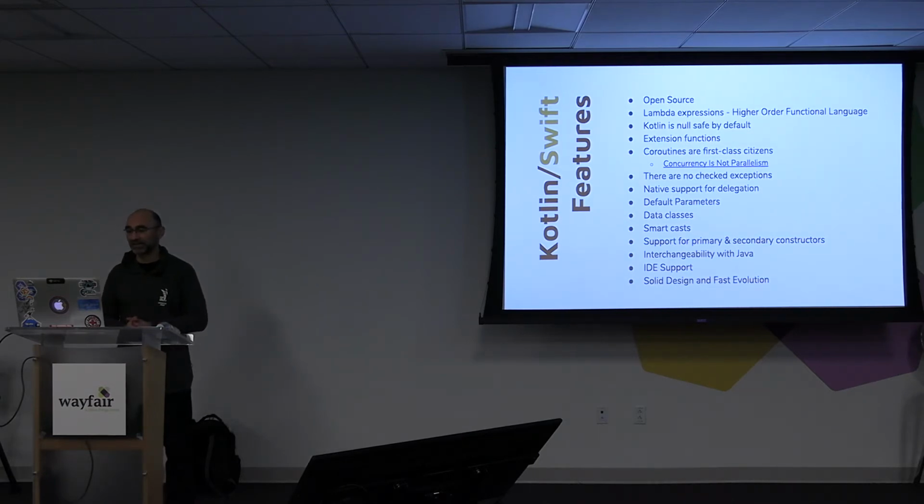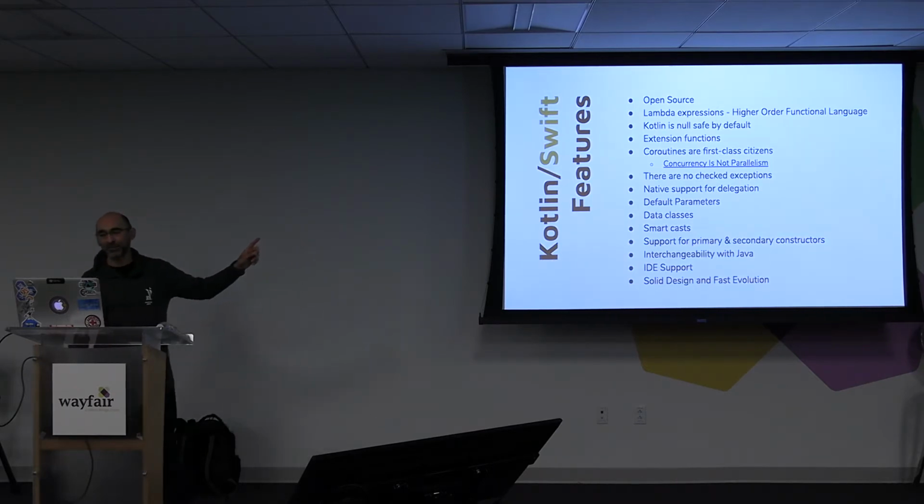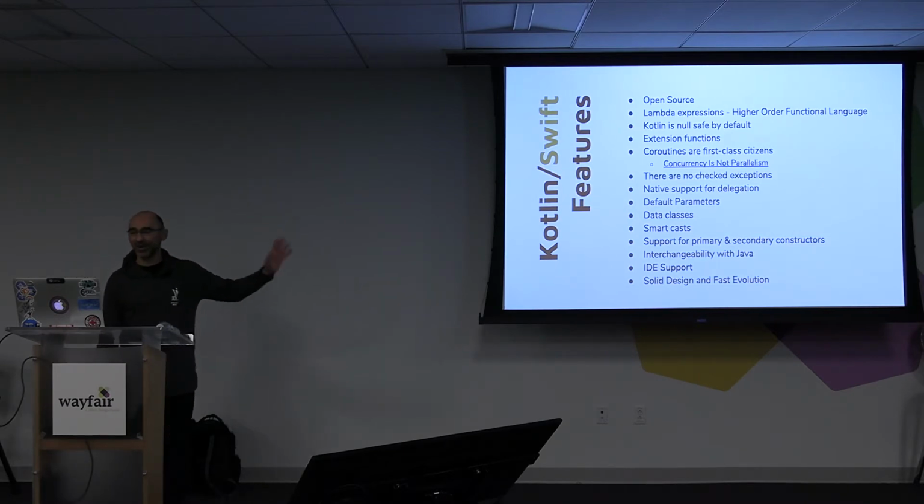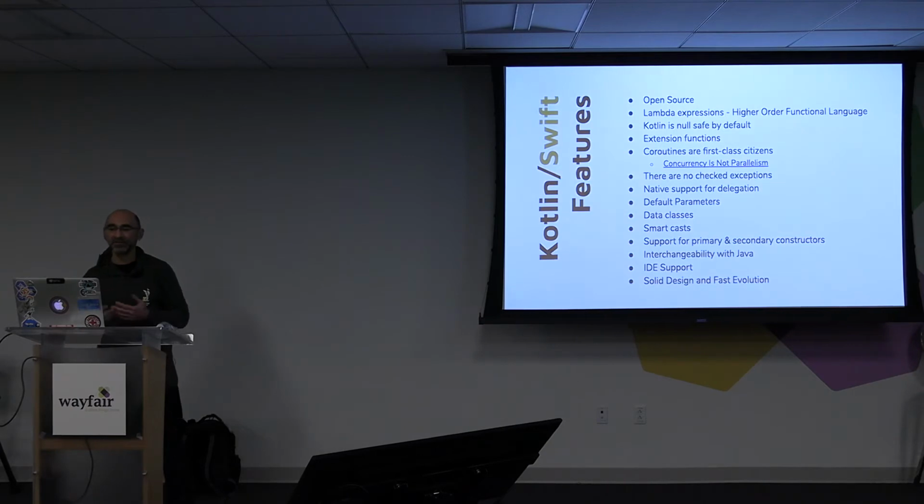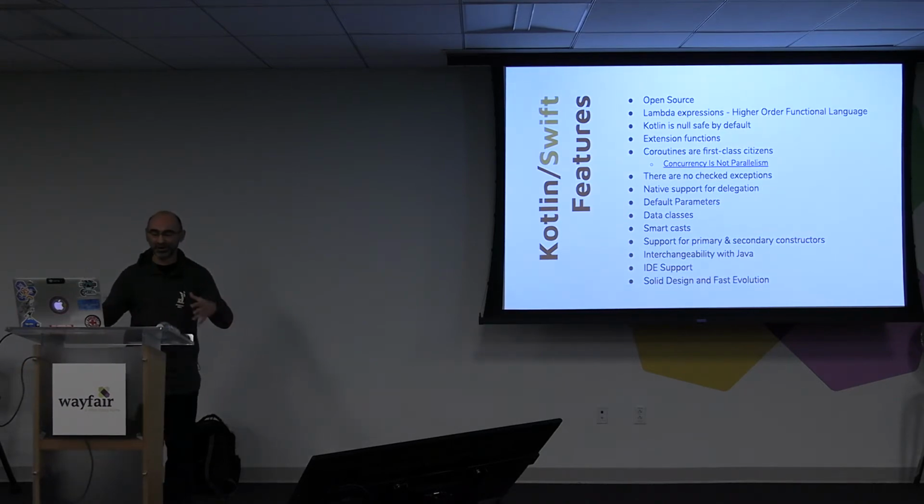Coroutines are first-class citizens, and they allow you to do parallelism. This is actually a link to a talk where Rob Pike, the guy who invented Go, talks about the difference between concurrency and parallelism. And you can think of it this way. Concurrency is like if you have one chef in a kitchen and he's doing multiple things. It's just one chef and he's working across, maybe he's cooking and he's microwaving and he's mixing.